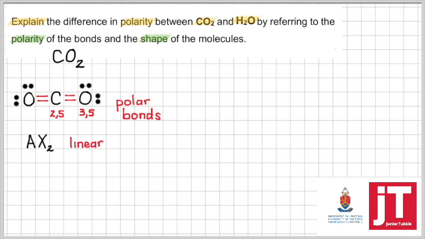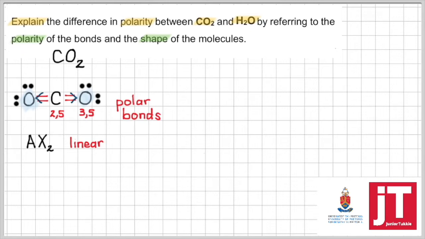We now need to find out if carbon dioxide is symmetrical or asymmetrical. So we use arrows to point towards the more electronegative atom in each bond. In this case, the more electronegative atom is oxygen. And if you look at these arrows, they point in different directions, which tells us that we have symmetry. We also notice, though, that the oxygen atoms, the terminal atoms, are exactly the same.